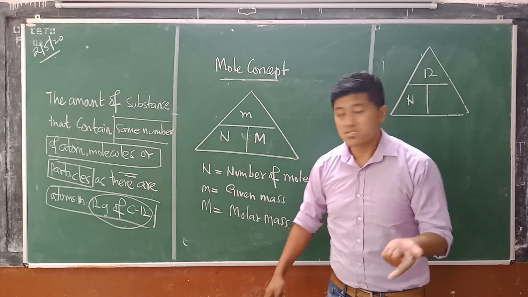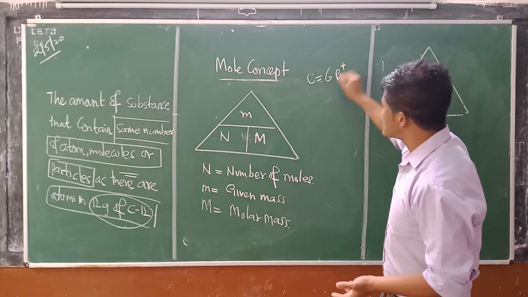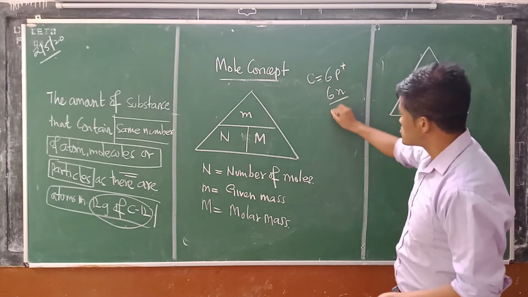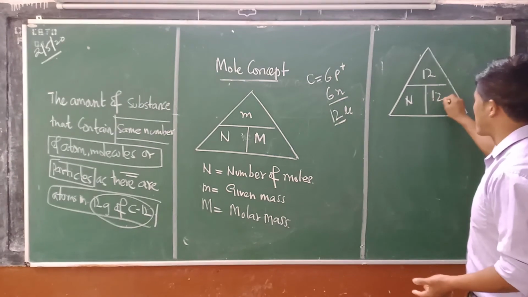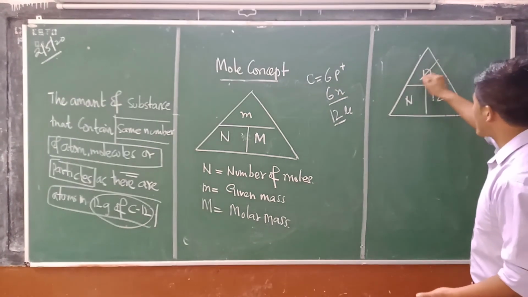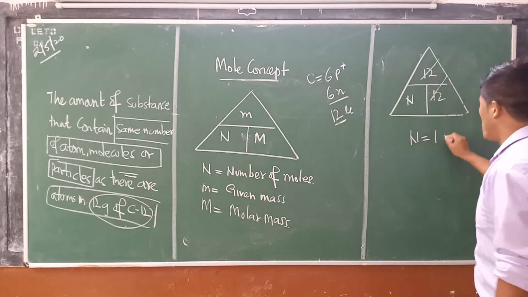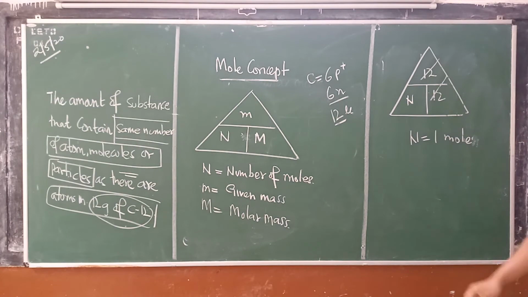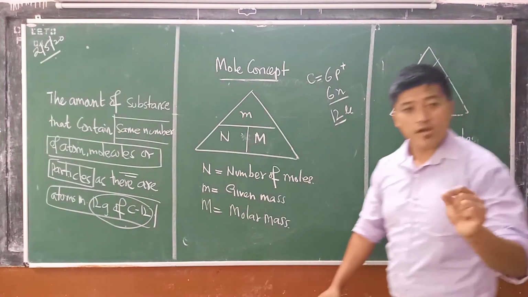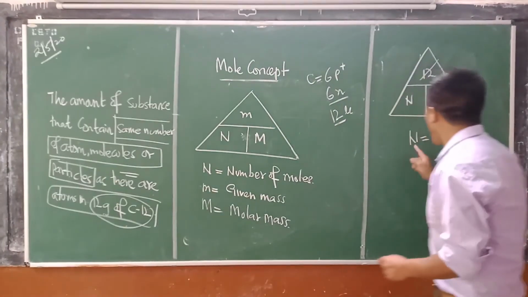Carbon has 6 protons plus 6 neutrons, that is equal to 12. That is the mass of the carbon, which we are going to write as 12 here. And when you cancel this, what value will you get? n is equal to 1 mole. Is that clear? So whenever we are using 12 gram of carbon 12, we are getting 1 mole.